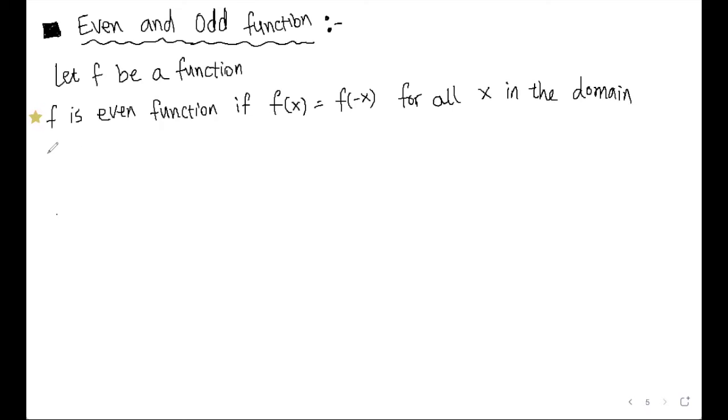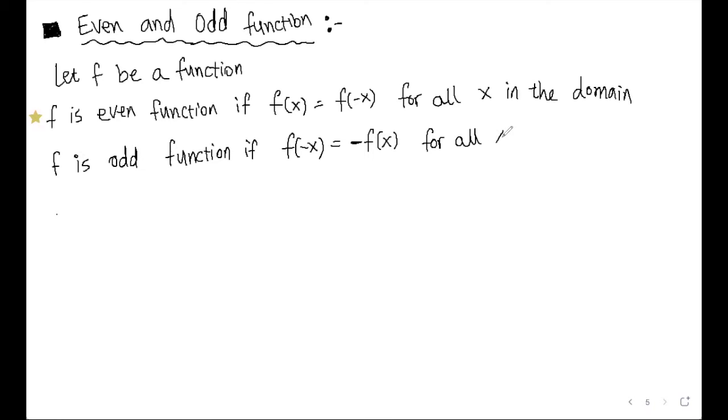For the second one, f is an odd function if f of minus x equals minus f of x, for all x in the domain.